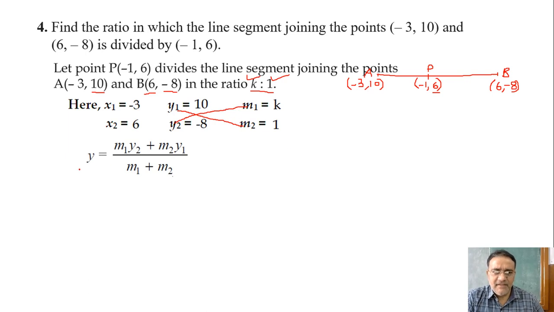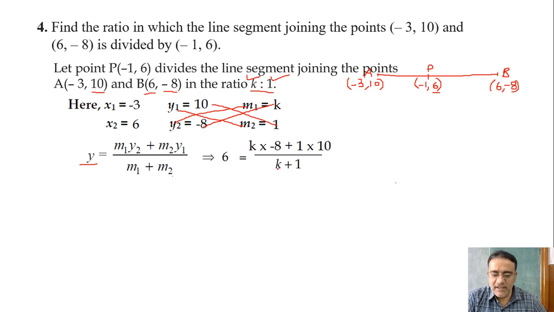So this is the formula. The value of y is given as 6, and on the right hand side we now have to calculate. So k into minus 8 plus 1 into 10 upon k plus 1. While simplifying this, we will cross multiply, and we will get 6k plus 6 equals minus 8k plus 10.